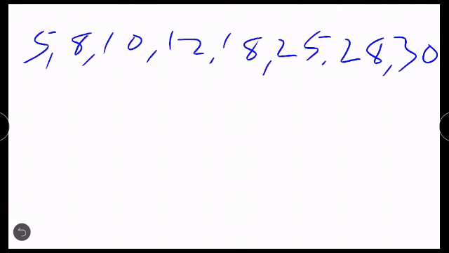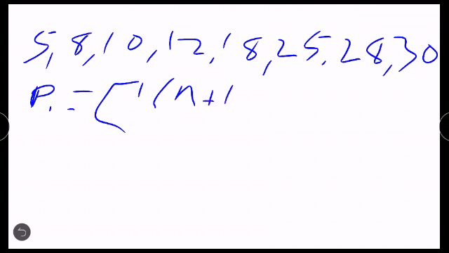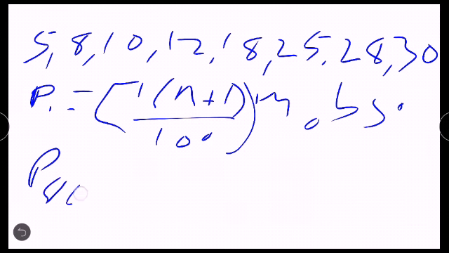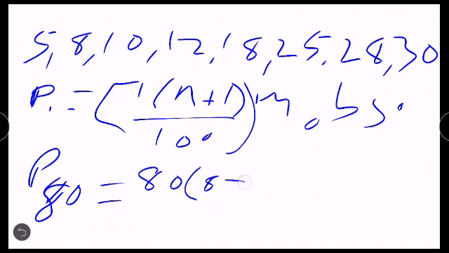Now the formula for the partition value, Pi, is equal to i into bracket n plus 1 divided by 100th observation. Now if you want to find P80, it is equal to 80 into bracket n is 8 here, 8 plus 1 divided by 100th observation.